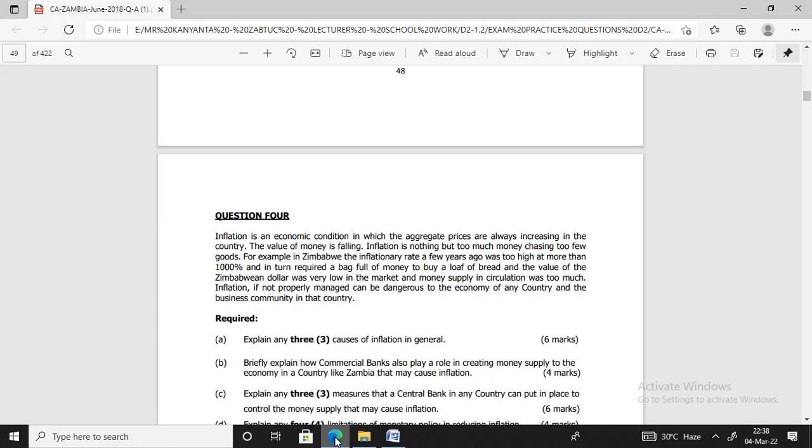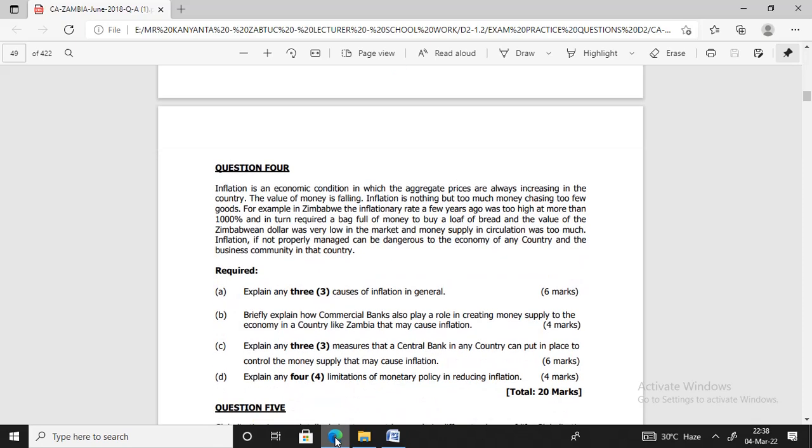So when commercial banks are giving out loans, they are increasing the quantities of money in circulation. So if commercial banks issue a lot of loans, it means that people are going to have a lot of money in circulation, and that creates a high money supply that will cause monetary inflation. Monetary inflation is the inflation that is caused by too much money in circulation.